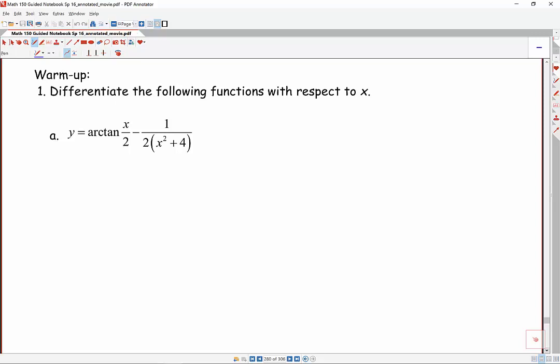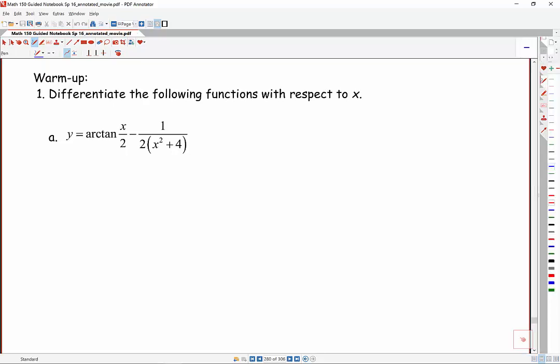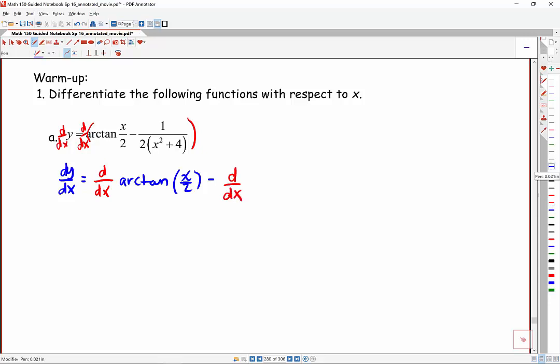Okay, let's see how you did. If we differentiate both sides with respect to x, we will have d/dx of y and then d/dx of this. d/dx of y is dy/dx, and that's going to be equal to, we'll take it a little slow to make sure you're good to go on this, d/dx of arctangent of x over 2, minus d/dx of our... let's write it like this.